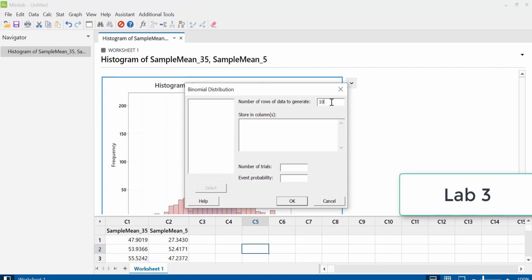We want 1,000. And store in columns, C3, that will be the data. We use C11 to C45.